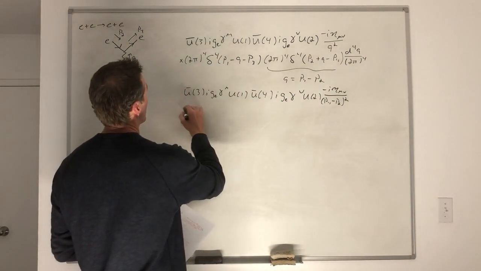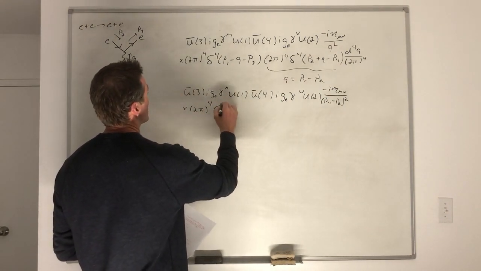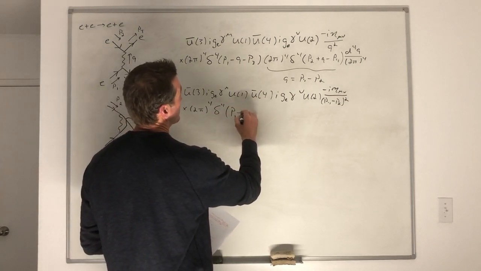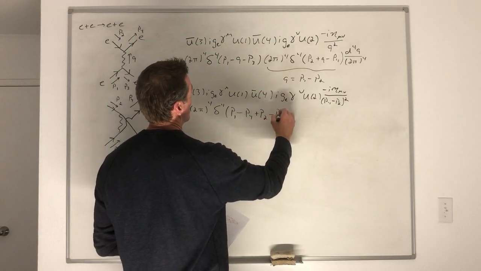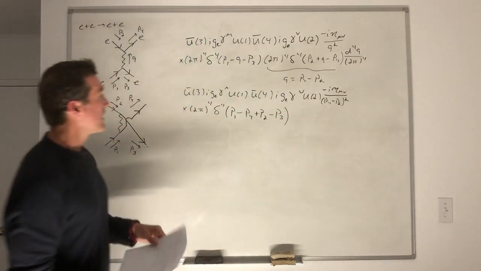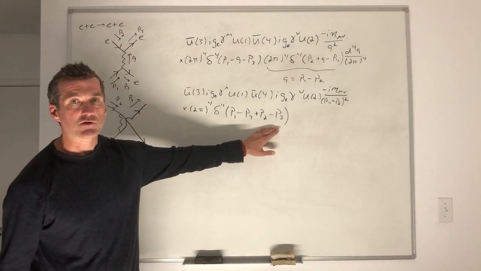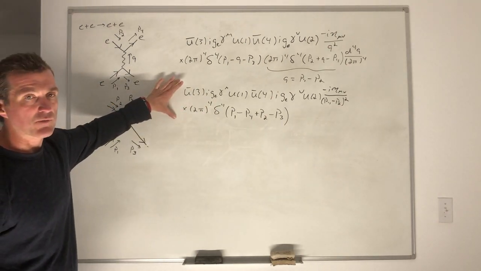And then one more delta function, which now lovingly takes the form of the overall delta function, which conserves the external momentum. So if we want to get the expression for the final value of M, what do we do to this?